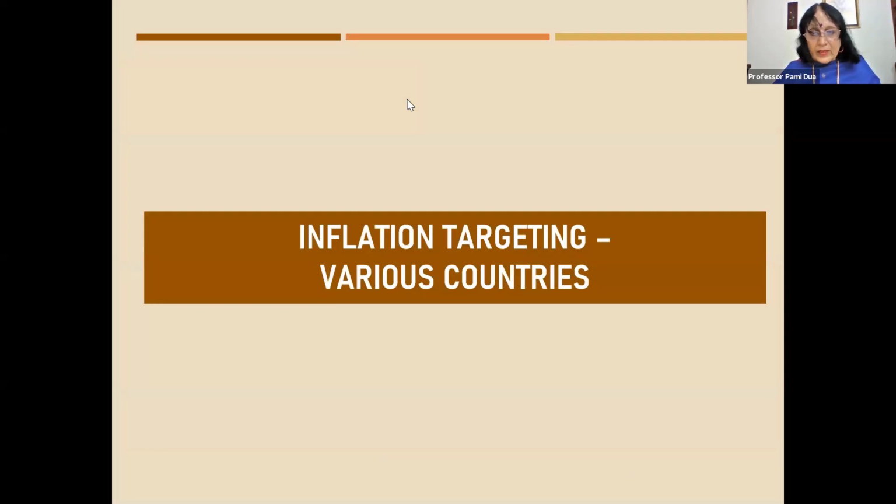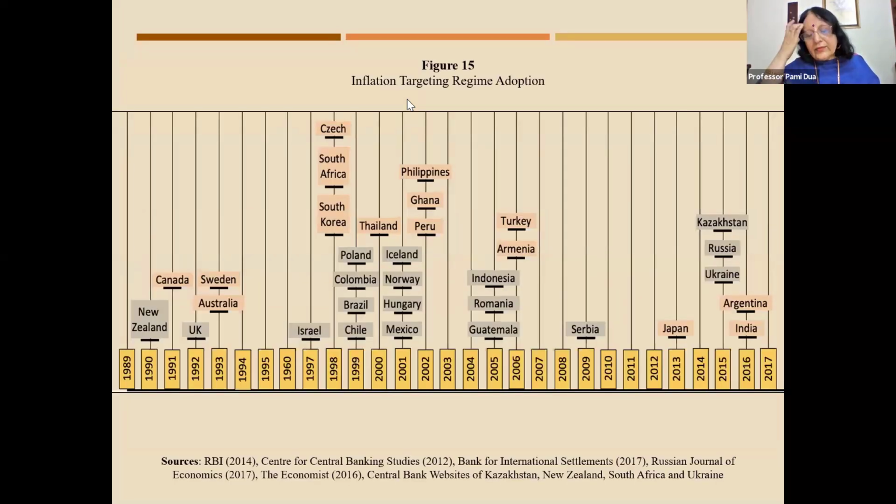Then inflation targeting. India adopted an inflation targeting regime in 2016. So, is this a robust regime? Here I've drawn a timeline across the world by looking at the timelines of various countries.